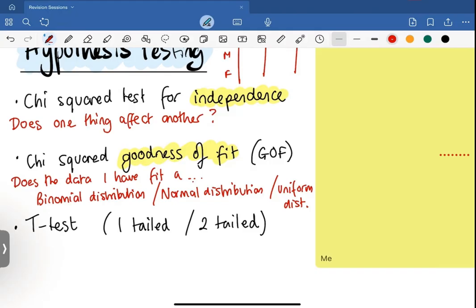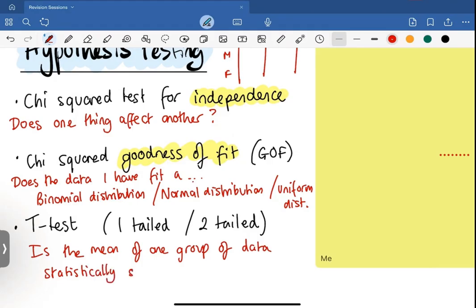So is the mean of one group of data statistically significantly different, or it could be less than or more than, another set of data?